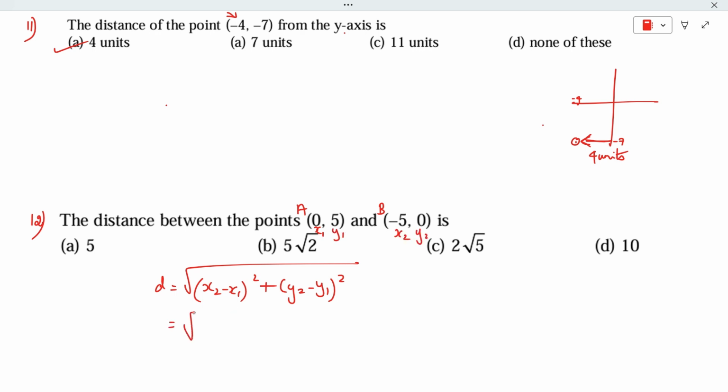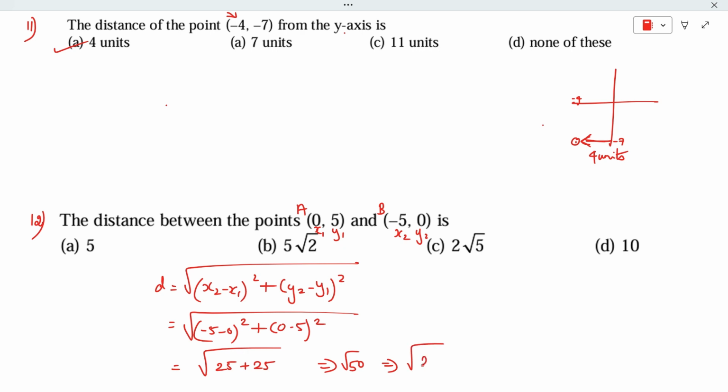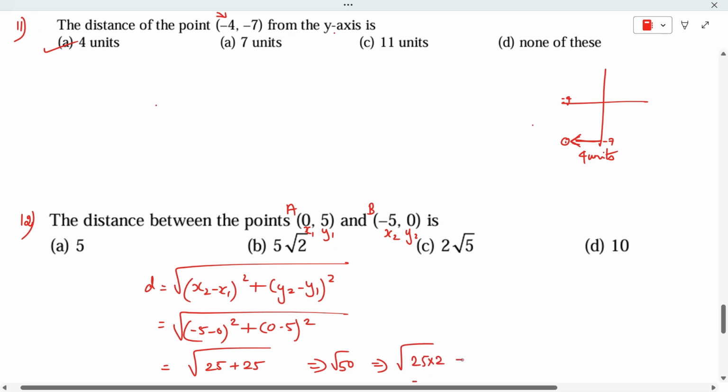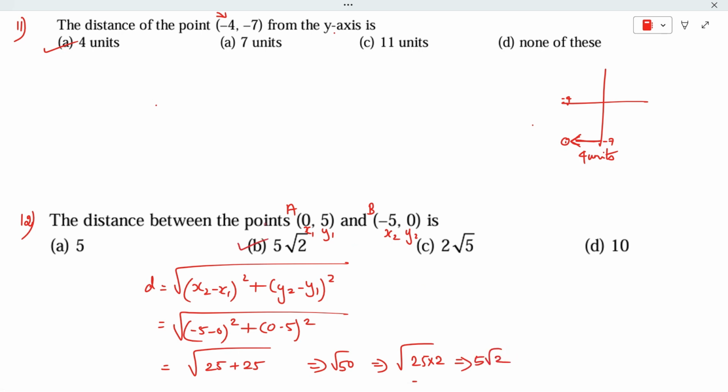So x2 minus x1 will be minus 5 minus 0 the whole square plus 0 minus 5 the whole square, which is going to be 25 plus 25, isn't it? So which is root 50. I can write root 50 as 25 times 2. If I take root of 25, it is going to be 5 root 2 units. So the option is B, 5 root 2.